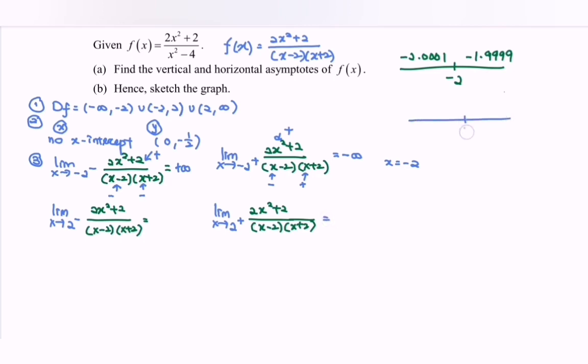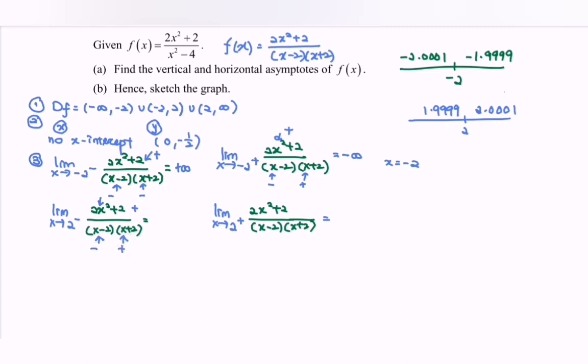Let's say we have the value 2. On the left, we have 1.9999, and on the right, we have 2.0001. If we substitute 1.9999, the numerator is positive, the factor x − 2 is negative, and the factor x + 2 is positive.